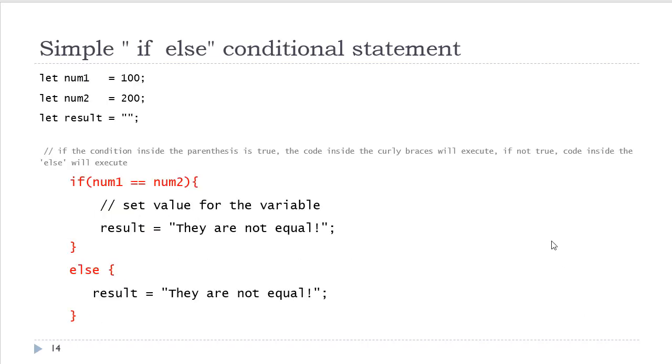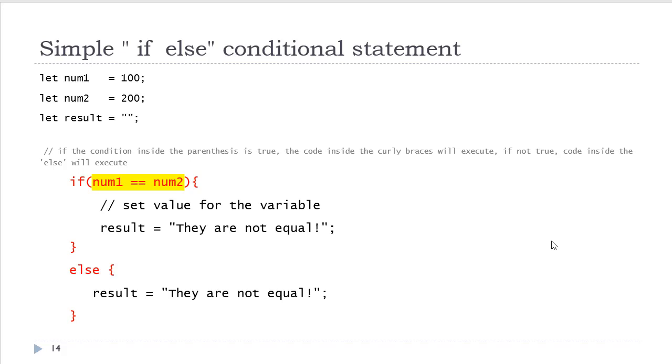We also have an if-else conditional statement. Sometimes you want code to execute if the condition is not true. So here we have the same scenario, except that my condition is changed. Inside my if, the condition is num1 equals num2, and it does not.